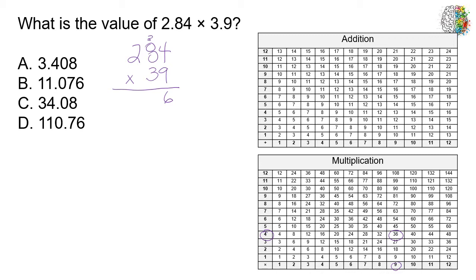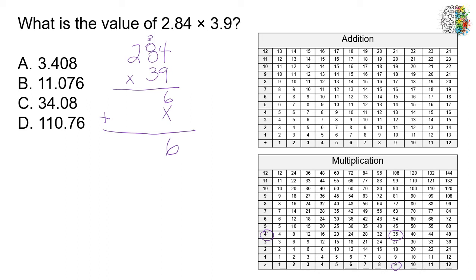Now the other thing I know with addition, when I'm doing my multiplication, when I go to multiply on that second row, I'm going to put a placeholder and then I'm going to start multiplying by that 3. So when I go to do my addition, I'm just going to have 6 plus nothing, which is going to give me a 6. So that tells me my final answer is going to end in a 6.